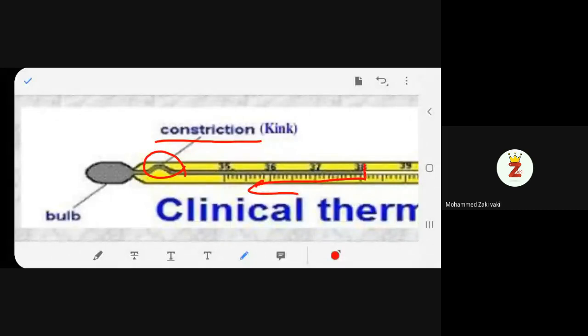Mercury remains at this place till you shake the thermometer; the mercury will not come down. So what makes it not come down? The presence of the kink. Is it clear? So this is how the clinical thermometer is made. Any problem?